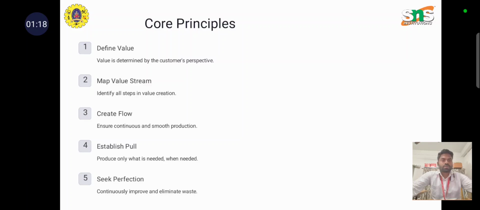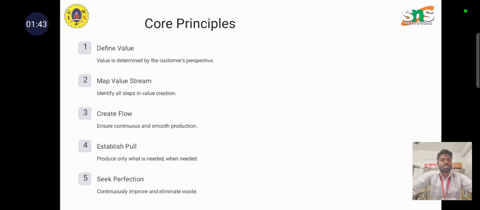The third principle of lean manufacturing is creating flow. It ensures the basic steps required to manufacture the product that the customer requires, and it ensures continuous and smooth flow of the production process throughout the entire process.